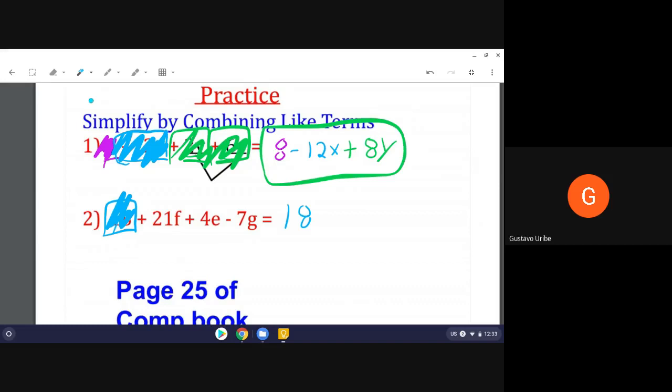All right, let's go to the next one, positive 21f. All right, this doesn't have an f, this doesn't have an f. So my positive 21f gets switched over here. Next, positive 4e. Well, this doesn't have an e, so.